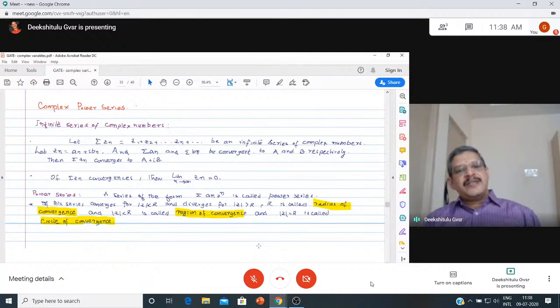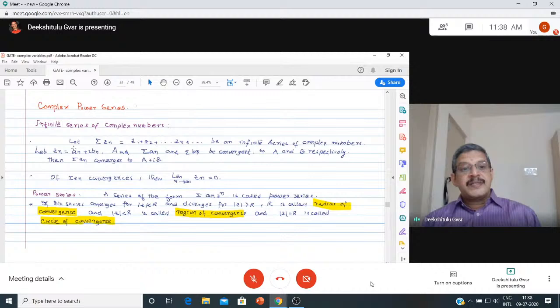Let us say each z is a complex number, obviously. So let's call them zn is equal to an plus i into bn. Then what happens to sigma zn? Sigma zn becomes sigma an plus i into sigma bn.